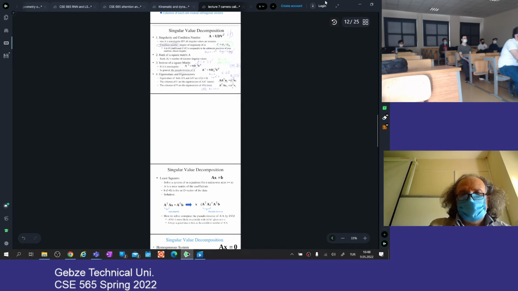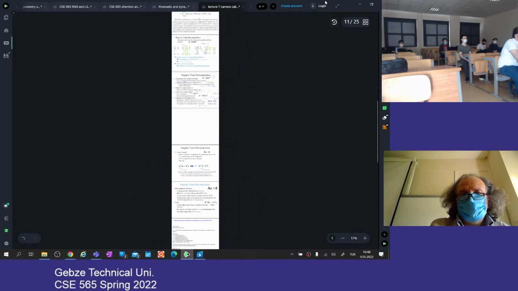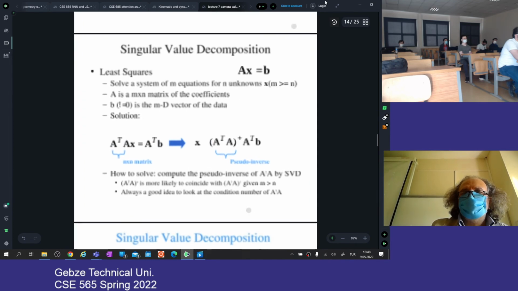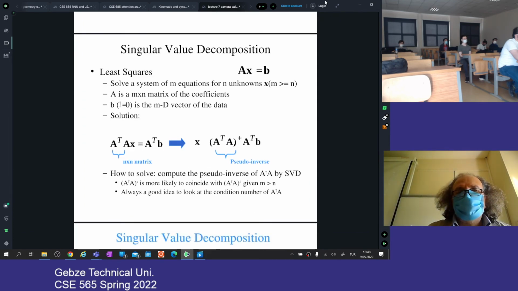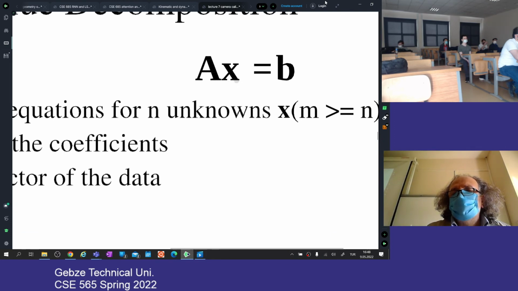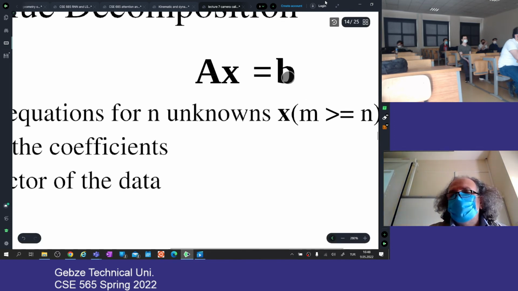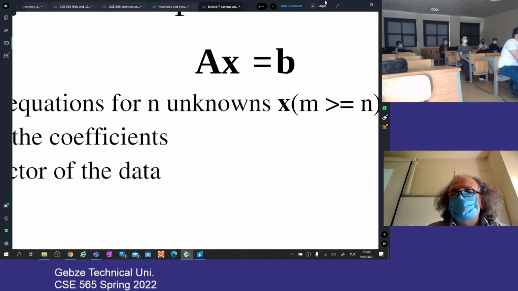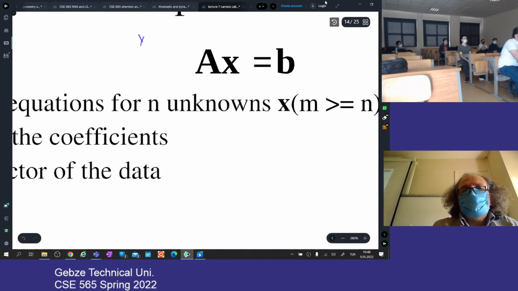Let's get this one. You know the least squares estimation, right? If I have an unknown vector, a known matrix, and a known vector, and you'd like to solve for this X, and this is an overdetermined system. Let's say I have 3 unknowns, x1, x2, and x3, but I have many equations.